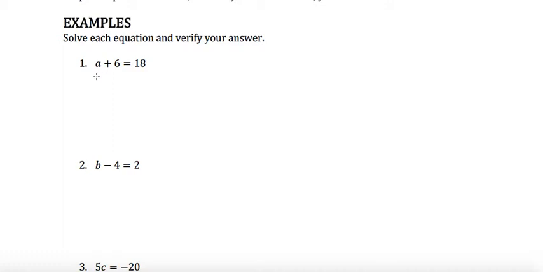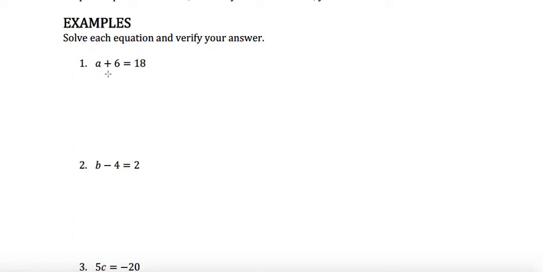We were solving for something, and that's what we're doing here as well. So we want to isolate the a, so we have to move everything that's not an a to the other side of the equal sign. It doesn't matter if we keep the letters on the left-hand side and the numbers on the right side or vice versa. You'll start to figure out which side to keep your letter on based on the value.